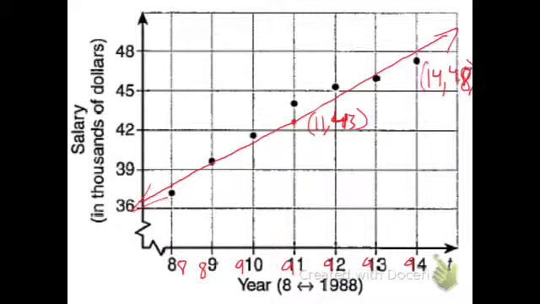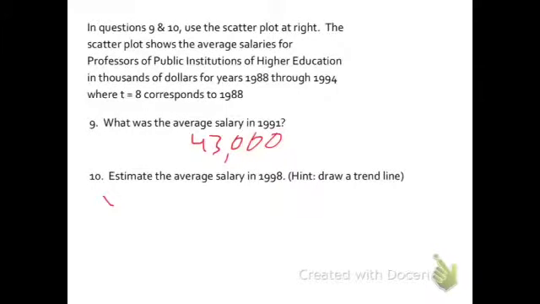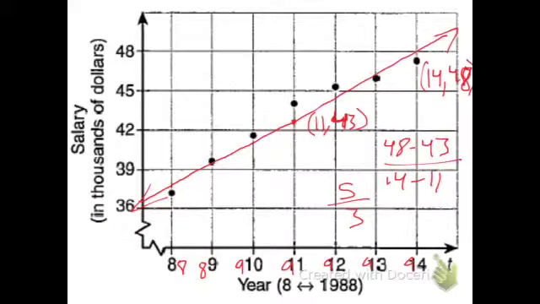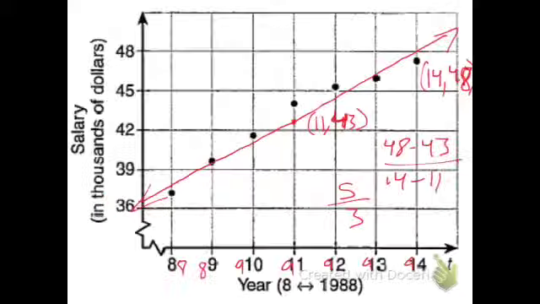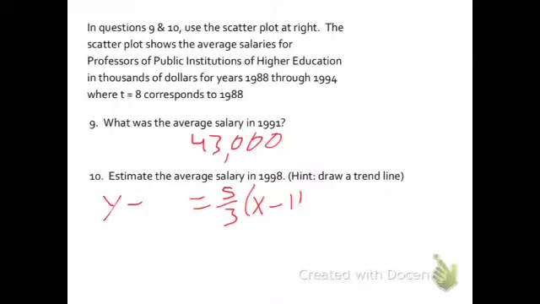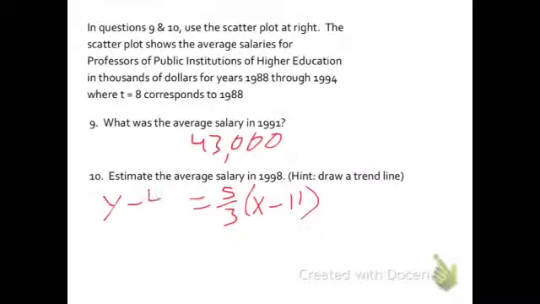Now we have those 2 points. We can get slope. Maybe just do 48 minus 43, and do 14 minus 11. 48 minus 43 is 5. Bottom is 3, so we're looking at a slope of 5/3. y minus 43 equals 5/3 times x minus, and let's use this point here because it's available, the 11.